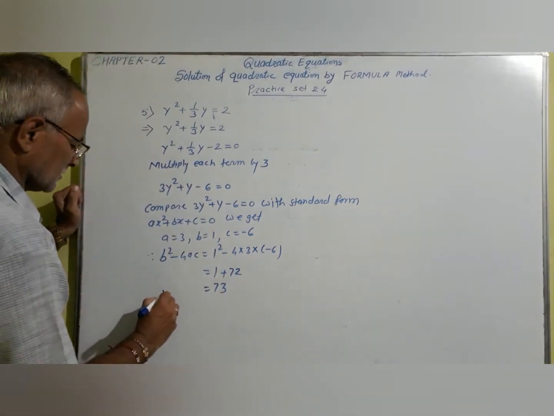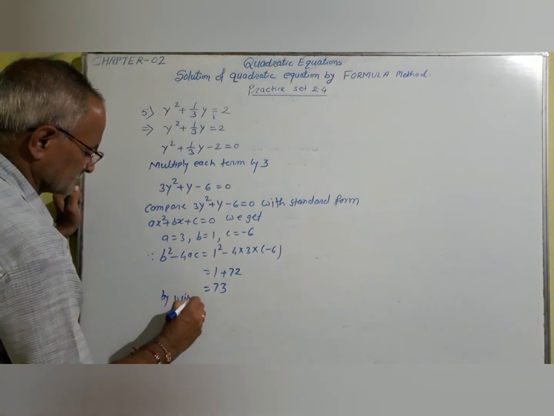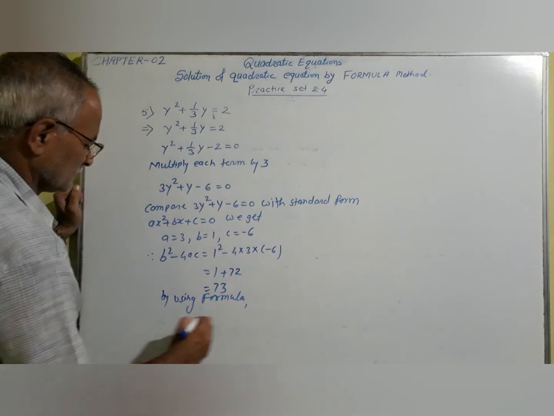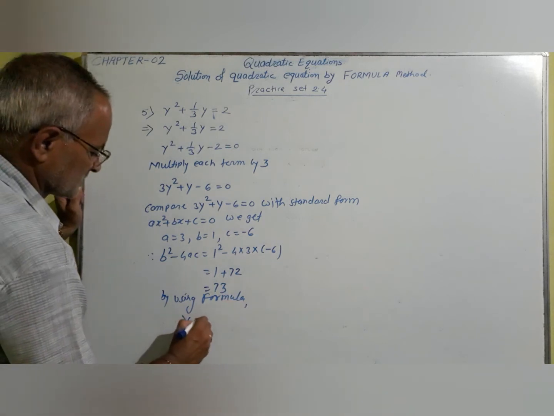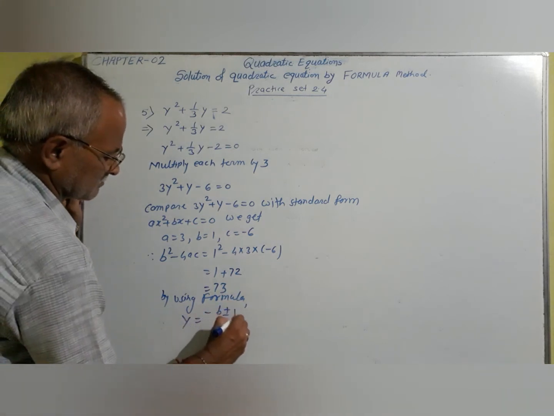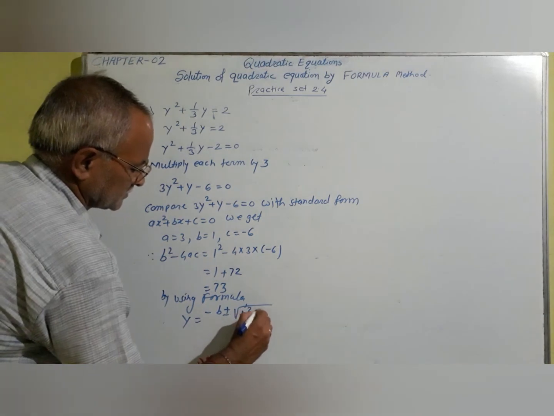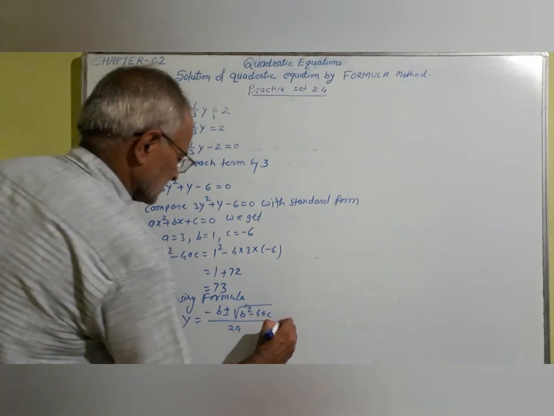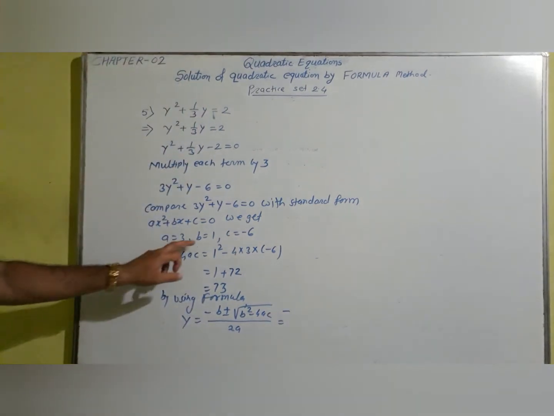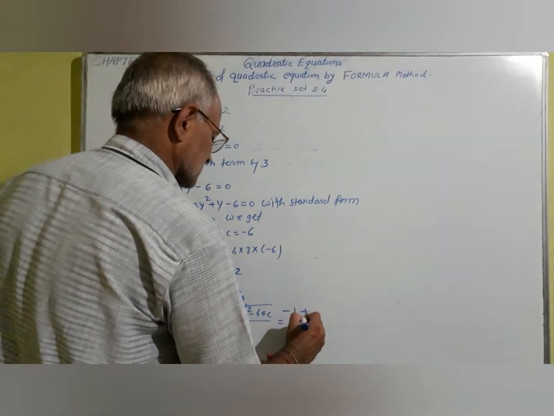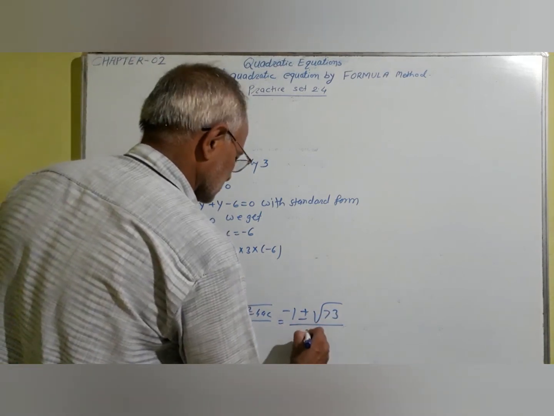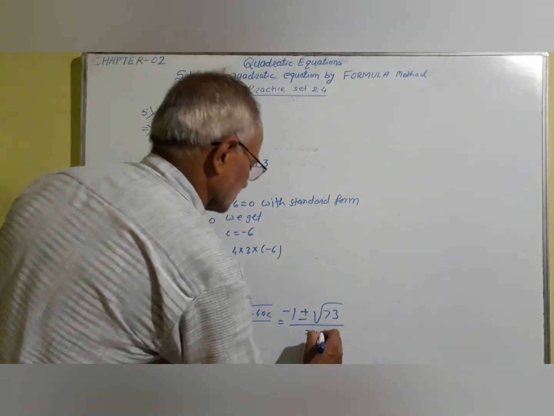By using the formula, y is equal to minus b plus or minus square root of b square minus 4ac upon 2a is equal to minus b means 1 plus or minus square root of 73 upon 2 multiplied by a means 3.